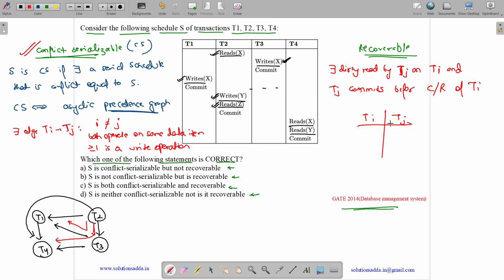What is a dirty read? Dirty read means a transaction Ti has written some data item, let us suppose X, and then Tj comes and reads the data item X, and Ti shouldn't have been committed by then. So if we read a data item that has been updated by an uncommitted transaction, then that is a dirty read. And for it to be recoverable, the commit of Tj should be after the commit or rollback of Ti.